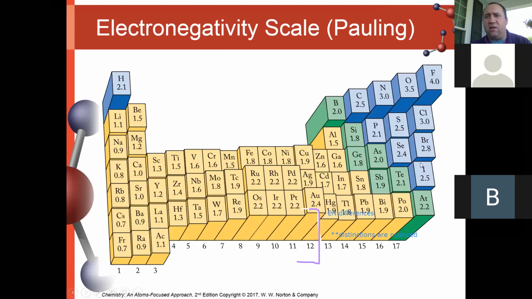So this is the Pauling electronegativity scale. And you'll notice that pretty much every element is included in that scale, other than, obviously, the noble gases, because none of the noble gases are reactive enough to form covalent compounds, or any compounds for that matter. So their electronegativities are unimportant to us.